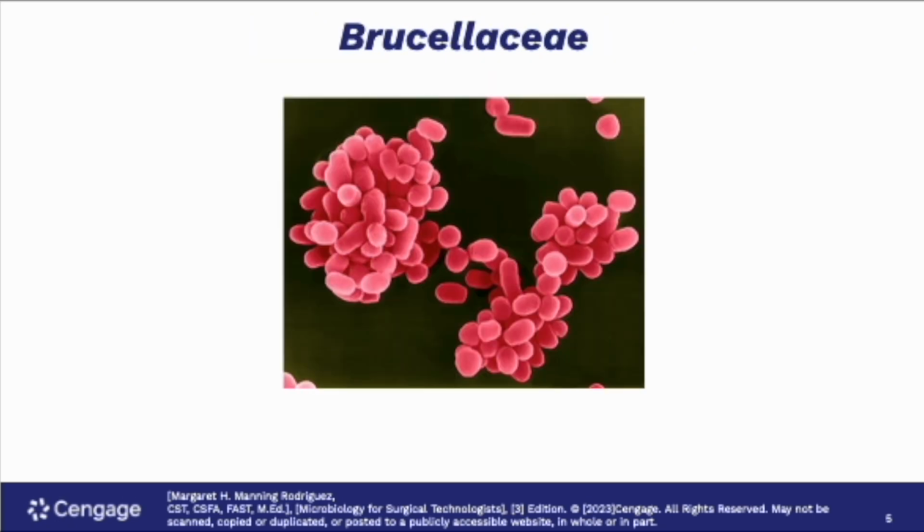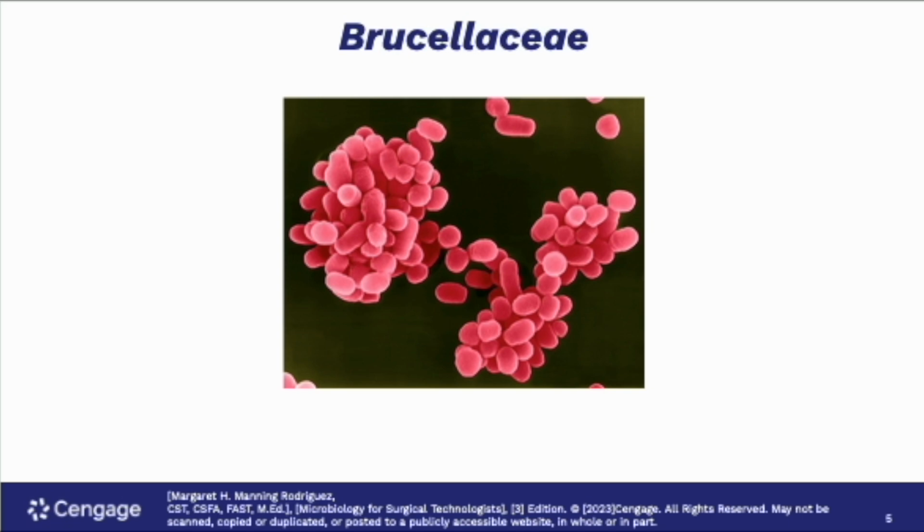Now, with Brucella, these are small, gram-negative, non-motile bacteria in the alpha class. So they're going to infect the body through breaks in the skin, your mucous membranes, ingestion of unpasteurized milk, or even just inhaling aerosols.